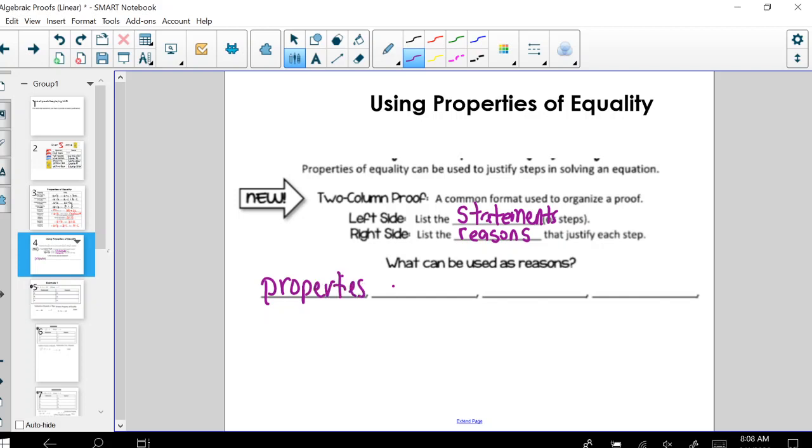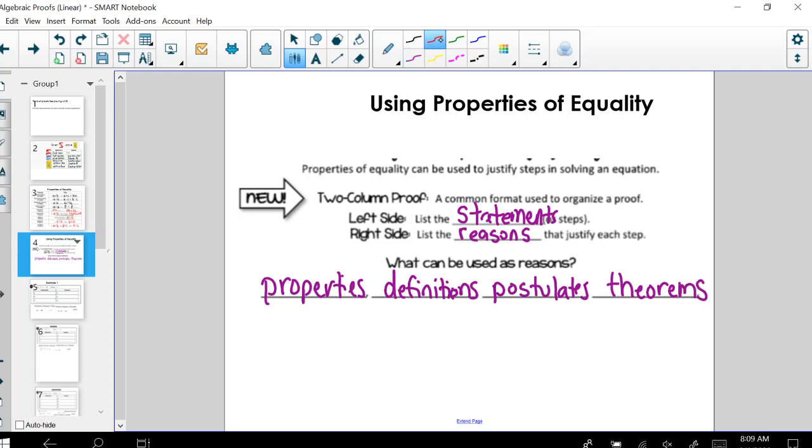We can use definitions. We can use postulates. And we can use theorems. Any of those things would be allowed to be used on that right-hand side.